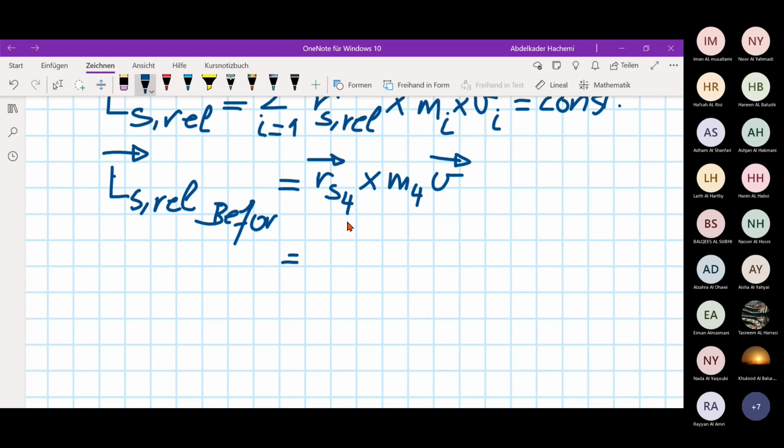Then if we develop further, we get here minus 2 divided by 5 m multiplied by a multiplied by v, and this is given in z direction.